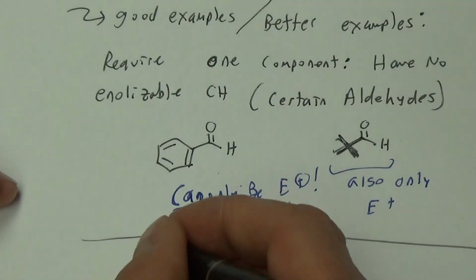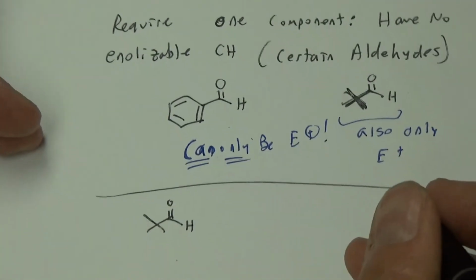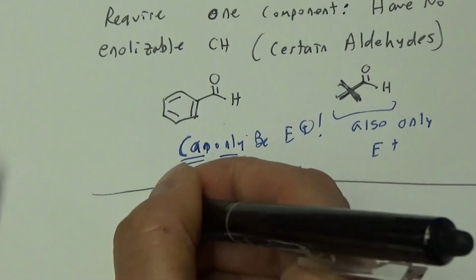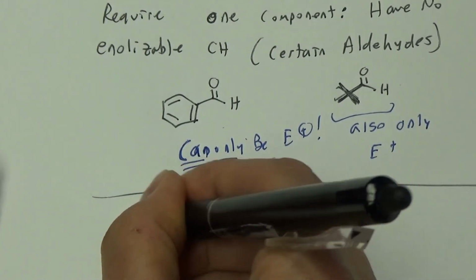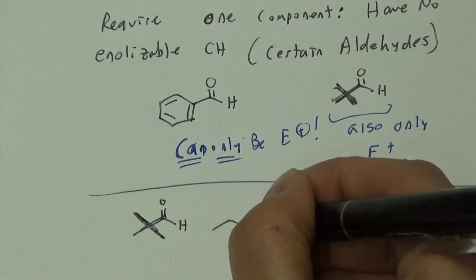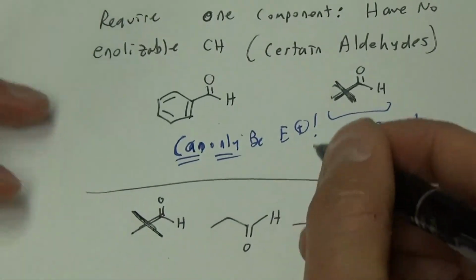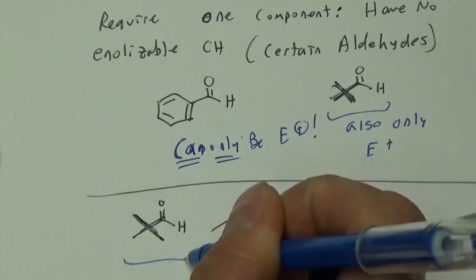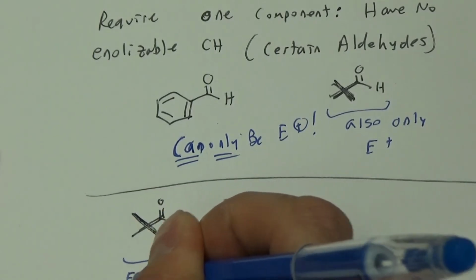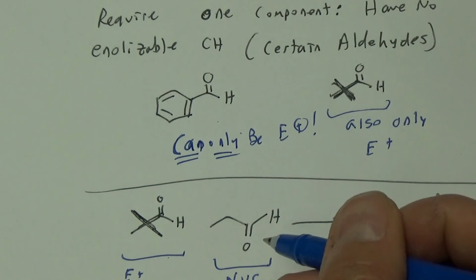These are two examples. If I have one of the ones I just drew, this trimethylacetaldehyde, we'll throw in maybe this as a nucleophile. So this is an electrophile, and this will be the nucleophile.